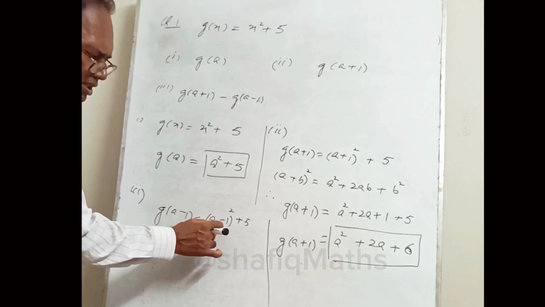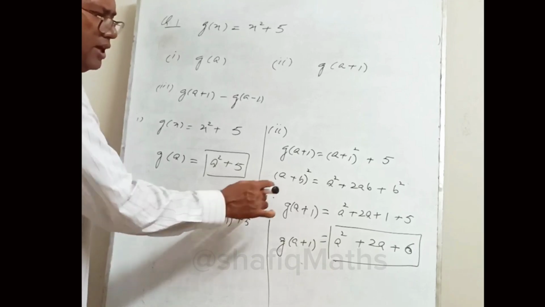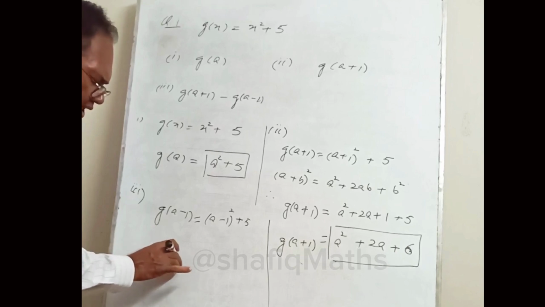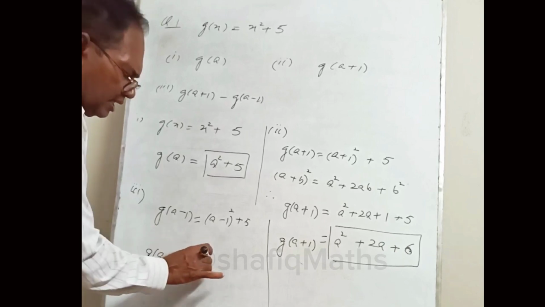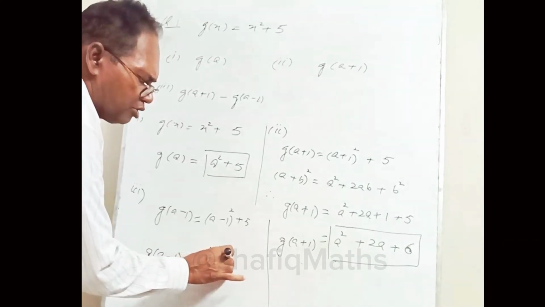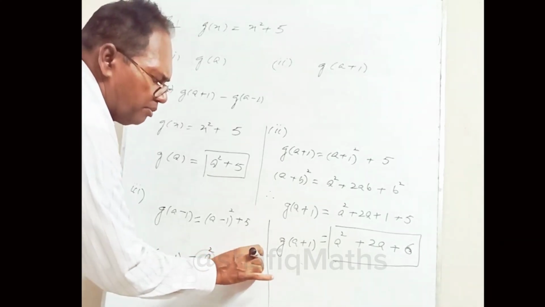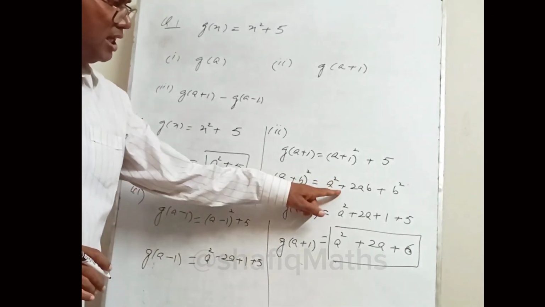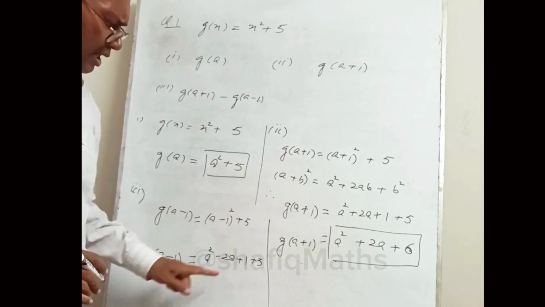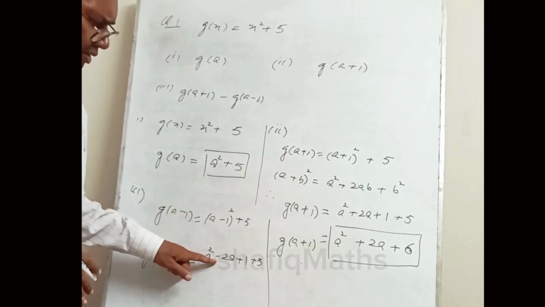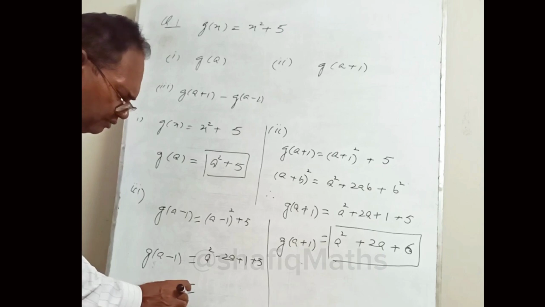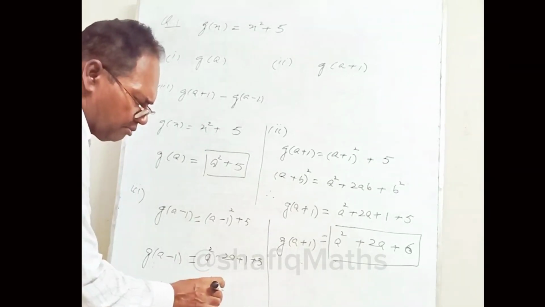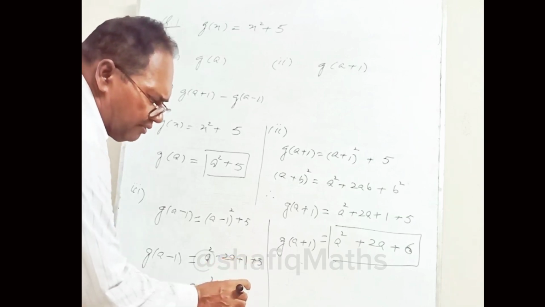Now we expand this by the same formula. g(a minus 1) equals a square minus 2a plus 1 plus 5. The sign will be different because here it was plus and here it is minus, so that is why we write minus here. When we simplify, g(a minus 1) will be a square minus 2a, 1 plus 5 is 6.